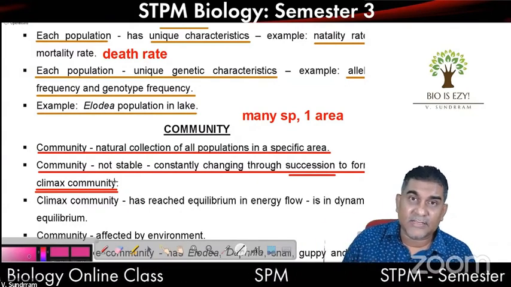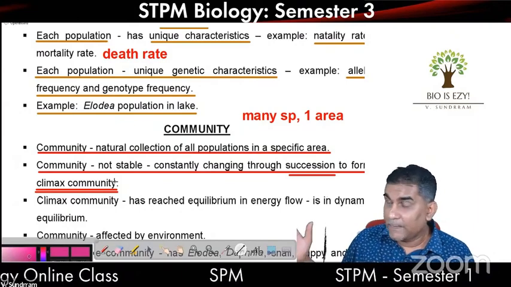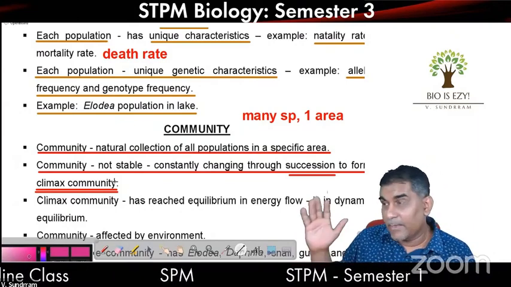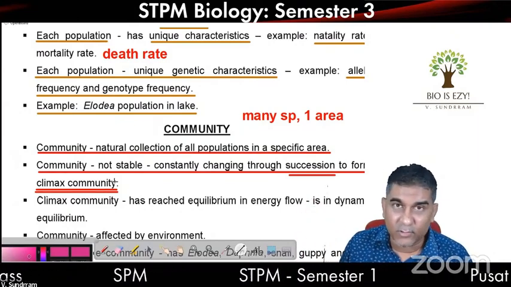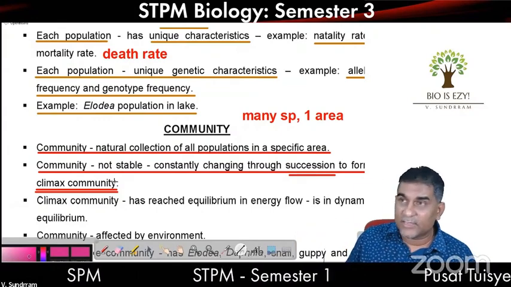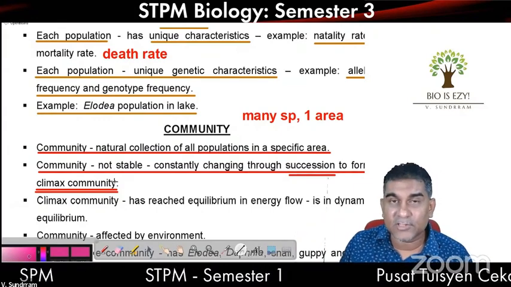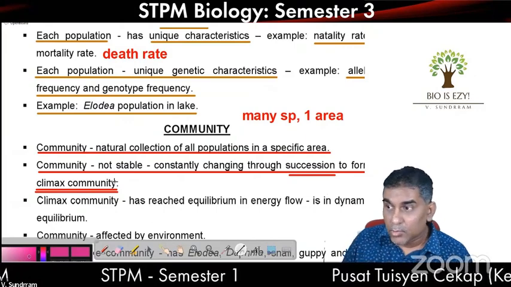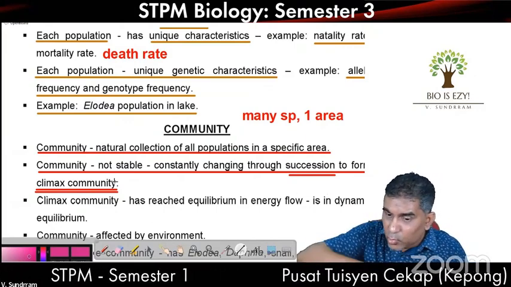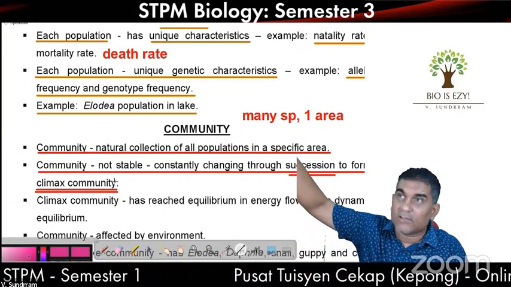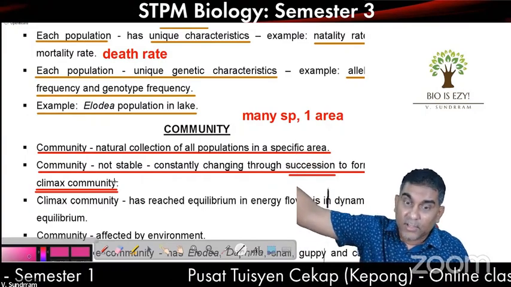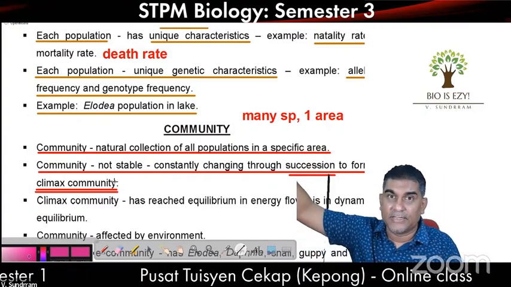Suddenly, maybe there is an earthquake. Maybe there is a landslide. Maybe there is a forest fire. We don't know. And because of the forest fire, the whole forest might become destroyed. So they started from the empty land, slowly formed the forest. Now the forest is destroyed, so they have to start back from the beginning to form.